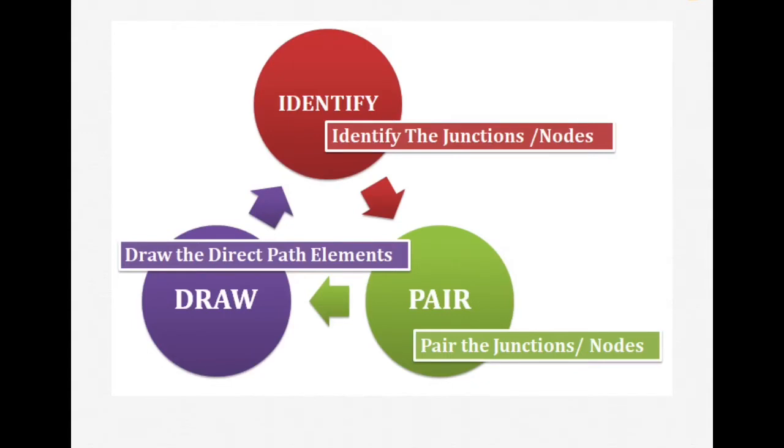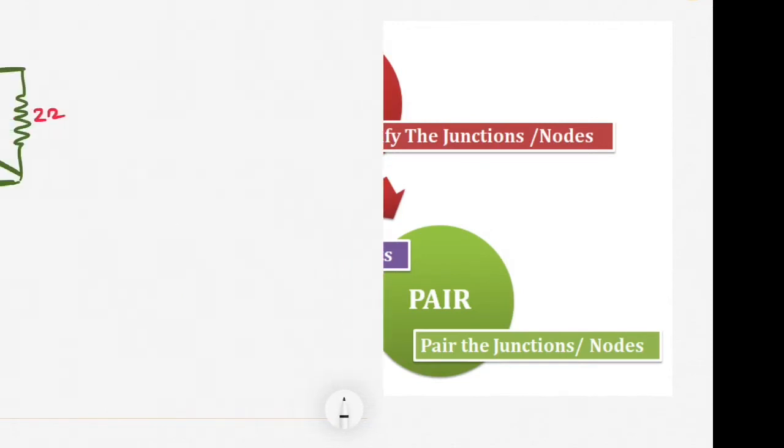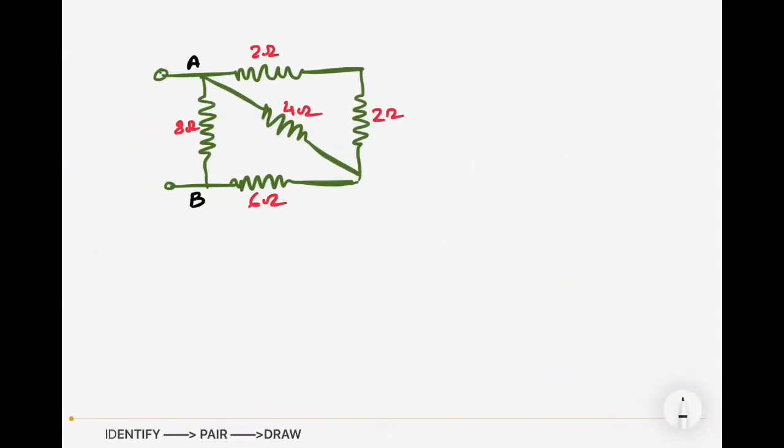Okay, we'll see how the process can be applied to a complex circuit, and then you will understand more about each step. So here is our first circuit, or first diagram, which we showed at the start of this video.